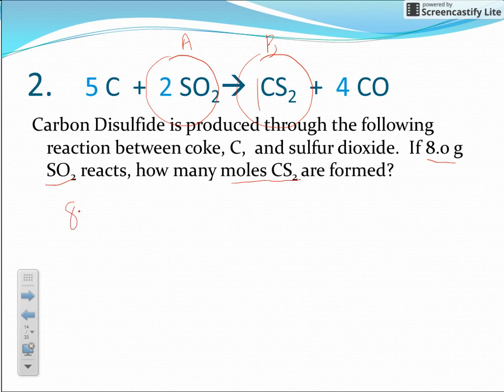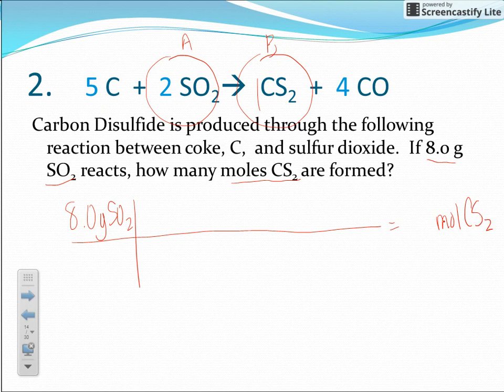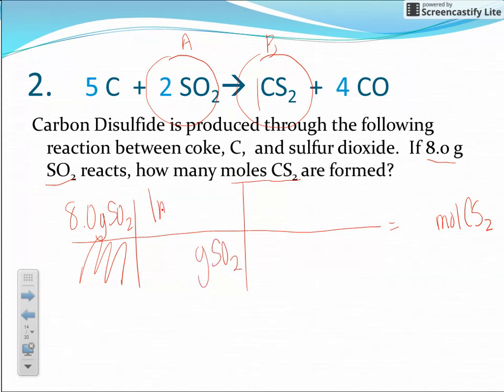So let's start with our given 8.0 grams of SO2, and we're trying to convert to moles of CS2. So come over here and put moles of CS2. So grams of A to moles of B, this will be a 2-step conversion. So we need grams of SO2 on bottom, and this will be our molar mass. So we'll put 1 mole of SO2 on top. We want to come down and calculate the molar mass of that, S and O2.